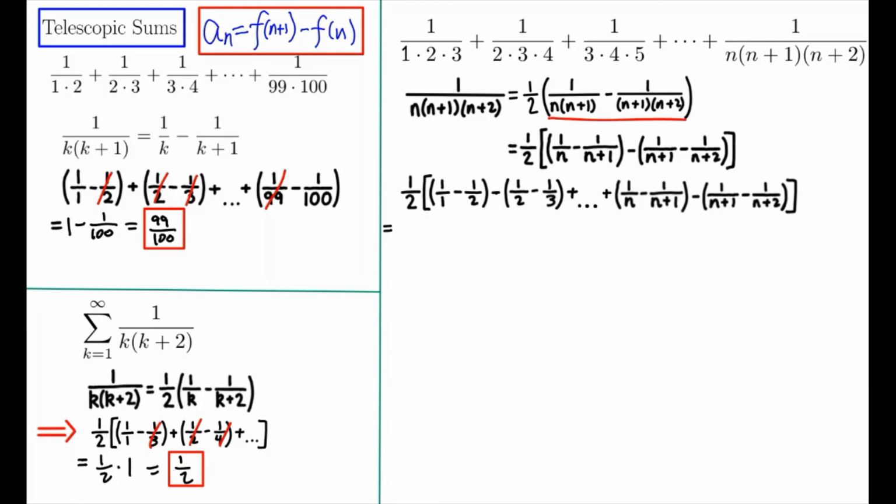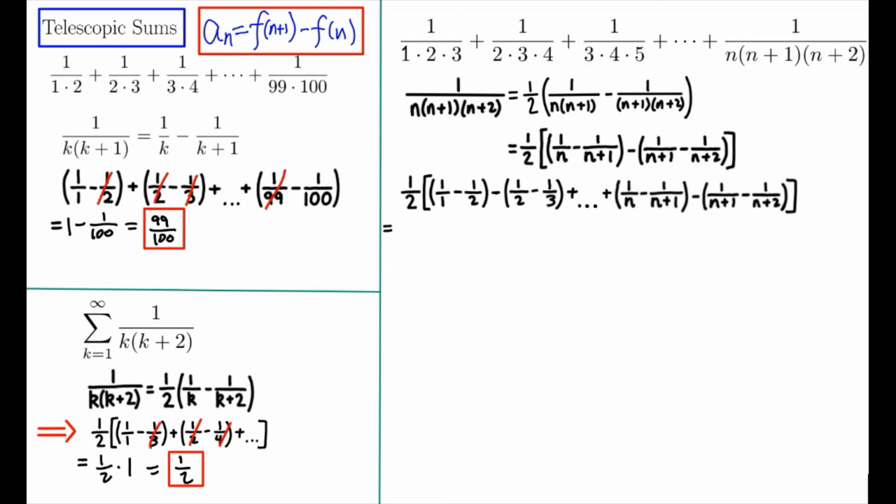Now you'll notice that this is very similar to this over here. So let's put the formula in. We have 1/2 times [1/n minus 1/(n plus 1) minus (1/(n plus 1) minus 1/(n plus 2))]. So let's put it into this over here in the entire sequence.